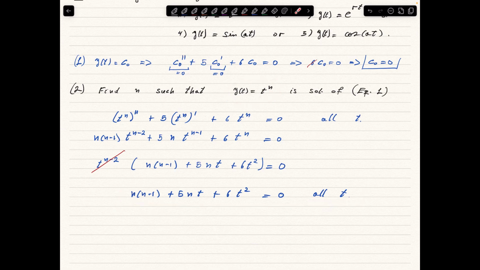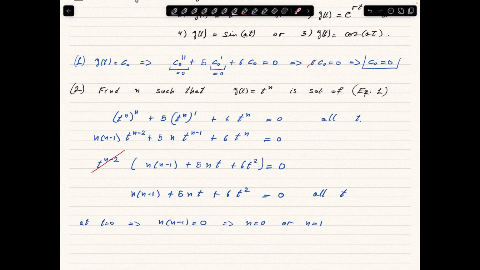But if we evaluate this equation at t equals 0, we get that n minus 1 has to be 0, which means that n is equal 0 or n is equal 1. So there are two possibilities.